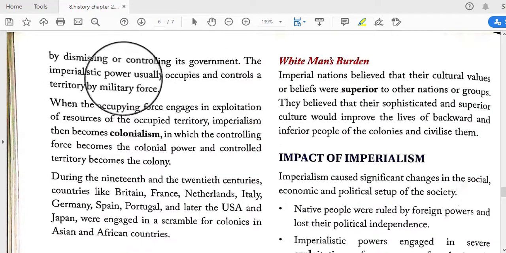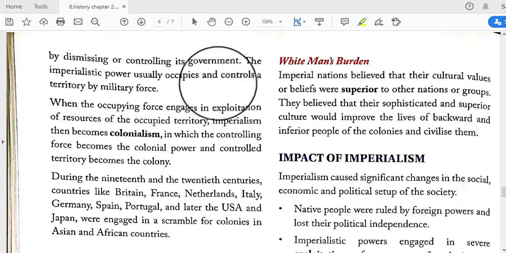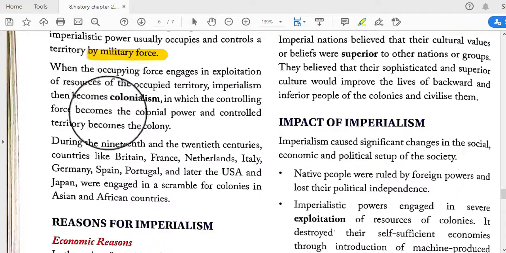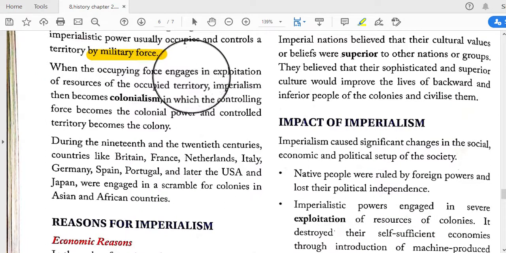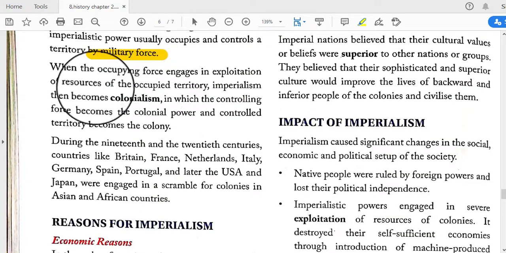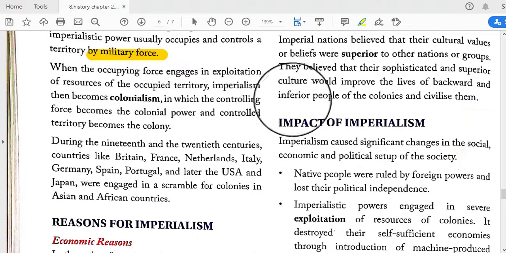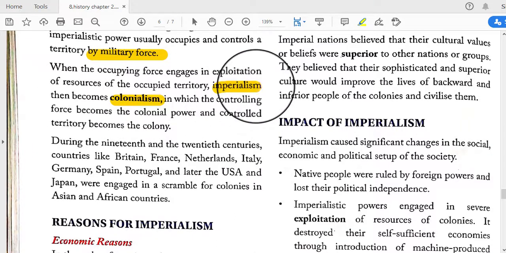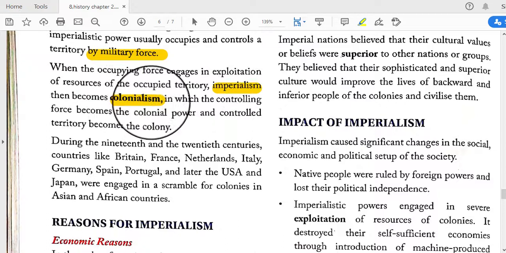The imperialistic power usually occupies and controls a territory by military force. When the occupying force engages in exploitation of the resources of the occupied territory, imperialism then becomes colonialism.